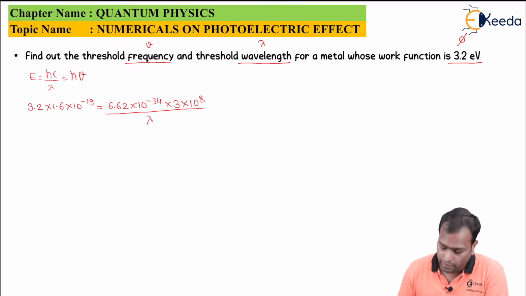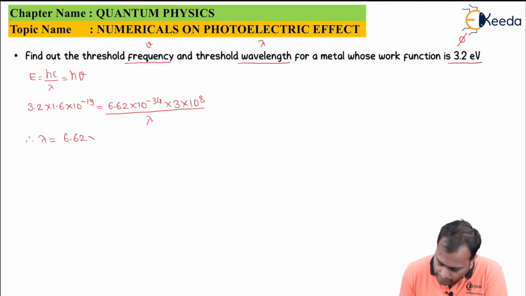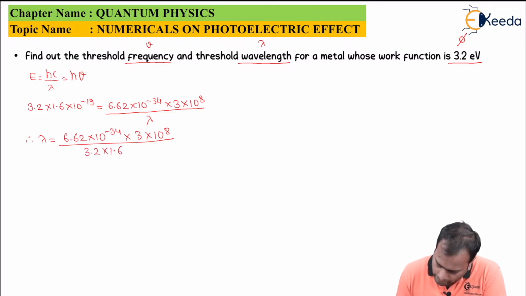This is the lambda to be found out. Therefore, you can say your lambda is equal to 6.62 into 10 to the power minus 34 multiplied by 3 into 10 raised to 8 divided by 3.2 into 1.6 into 10 to the power minus 19.